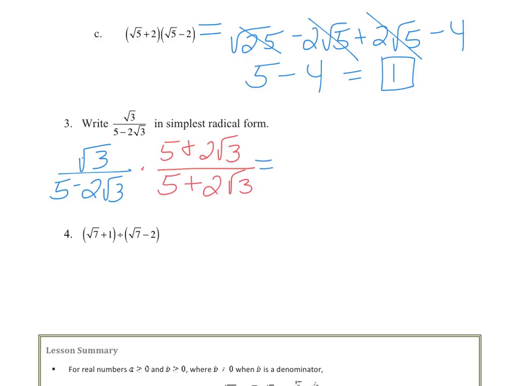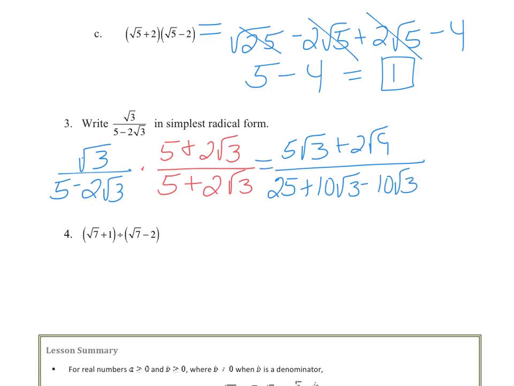On the top, it's just distributive property, and I'm going to end up with 5 radical 3 plus 2 radical 9. And on the bottom, I'm going to end up with 25 plus 10 radical 3 minus 10 radical 3 minus 4 radical 9.